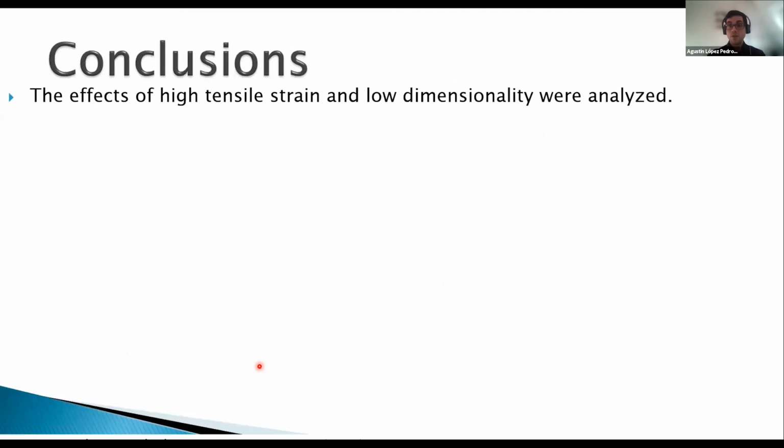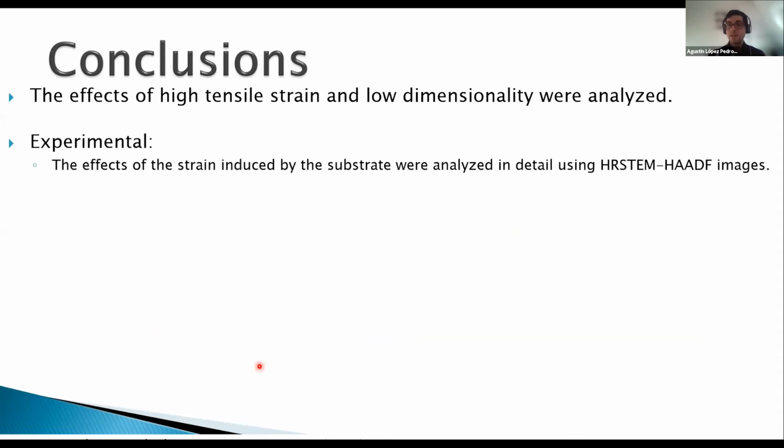So to conclude, the effects of the tensile strain and low dimensionality were analyzed. From the experimental point of view, we are able to determine in detail what is happening with the crystal structure from the high resolution TEM images, especially near the interface, and we were able to identify these two different regions of deformation of the crystal structure.